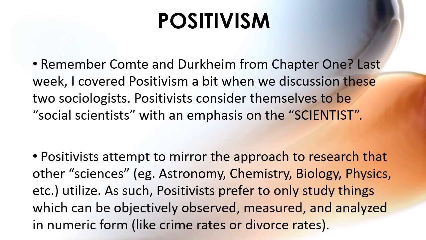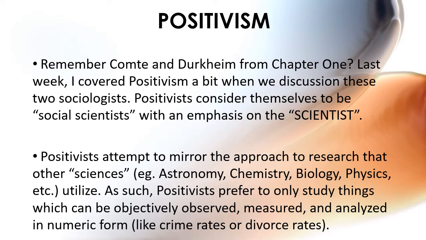So if you remember from chapter 1, when we talked about Comte and Durkheim, we said that they were positivists. So we covered positivism a bit when we discussed these two sociologists. And again, positivists consider themselves to be those social scientists with the emphasis on the scientist.